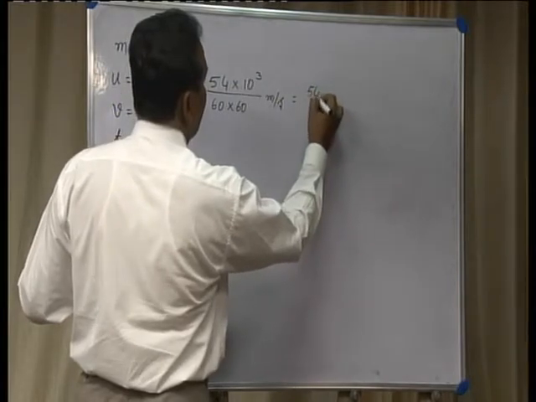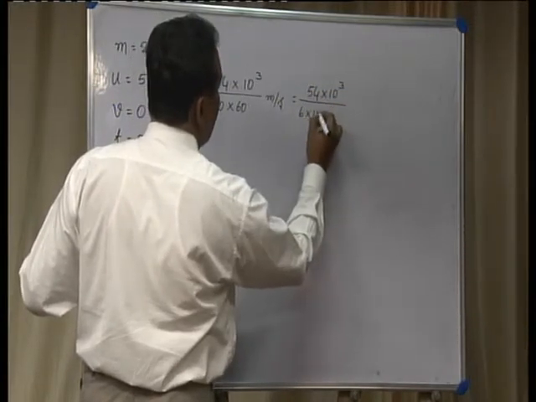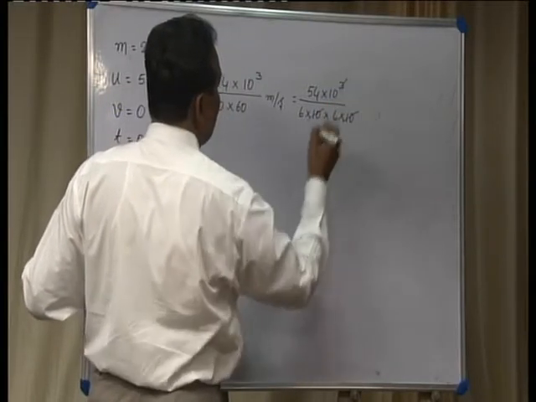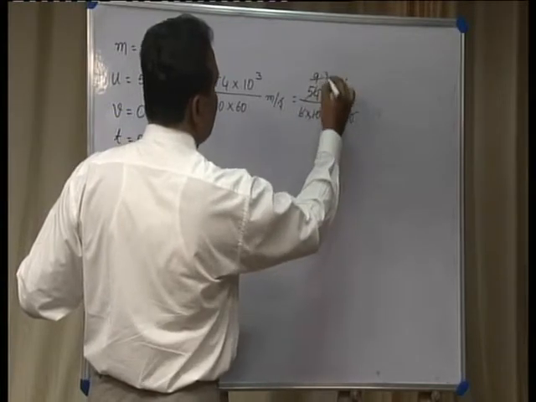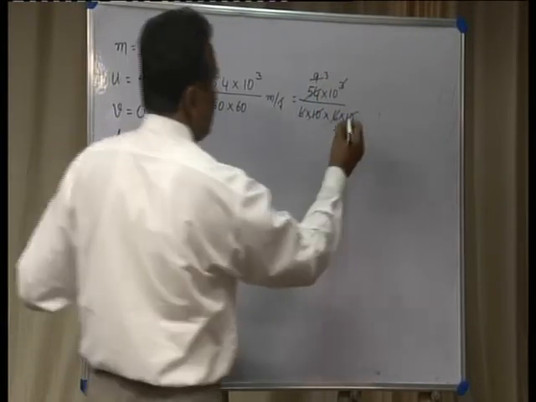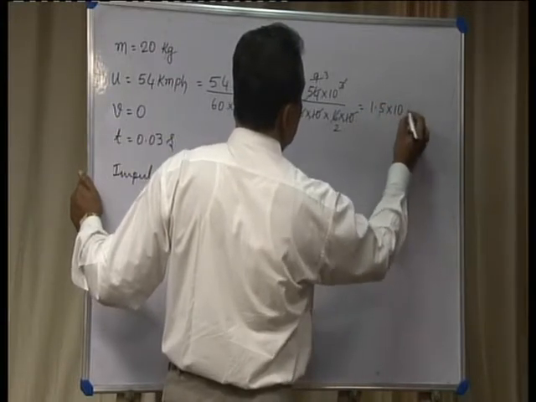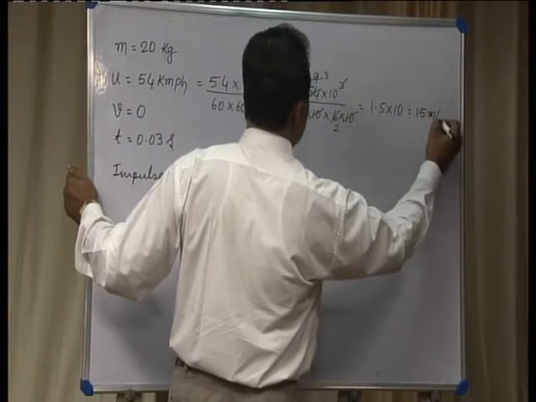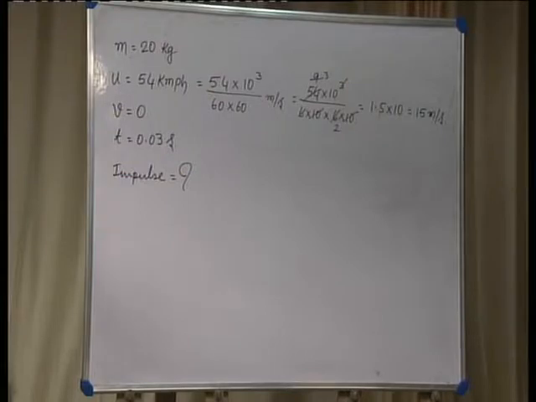This is 54 into 10 power 3 divided by 60 into 60. 6 into 10, 6 into 10. The 10 cancels with the 10 cube. 6 9s are 54, 3 3s are 9, 3 2s are 6, so it is 1.5 into 10. So, it is 15 meter per second, which is the initial velocity.